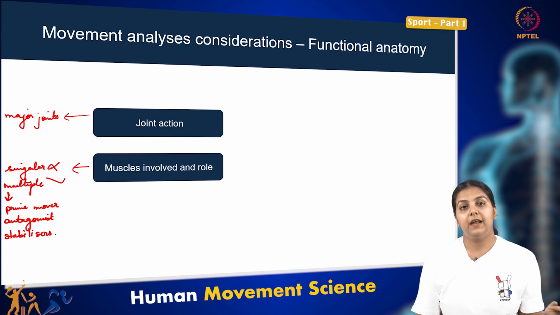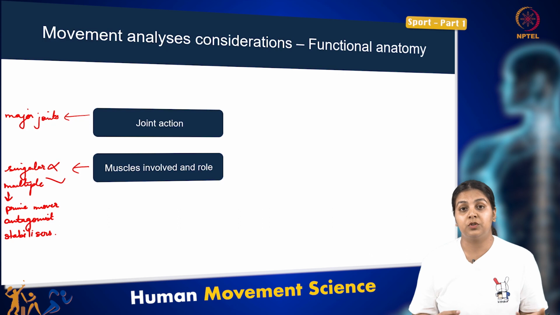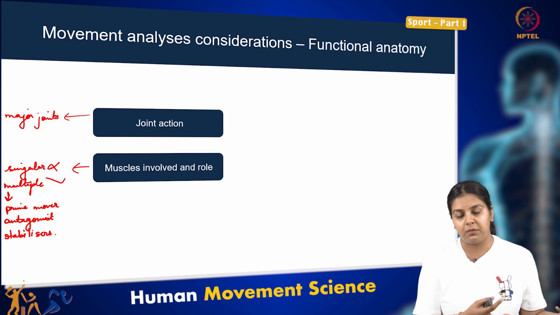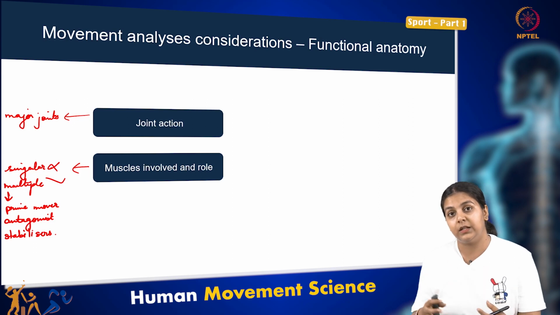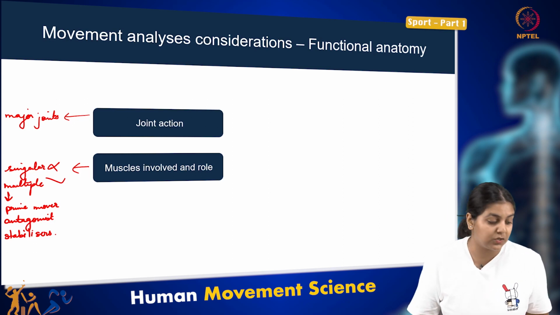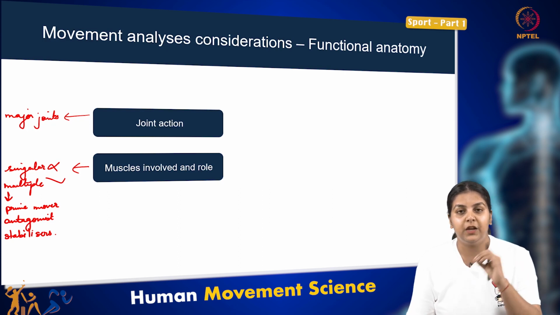Now we need to understand, as much as fundamental movements and your exercises or your fine and gross motor skills might seem as simplified movements, right? Most of them are simplified. When you come to sport, it's quite dynamic, right? Your movement and all that you're doing within a skill that constitutes the skill is quite dynamic. So you won't be able to exactly point, right, this is happening in the sagittal plane or the frontal plane.